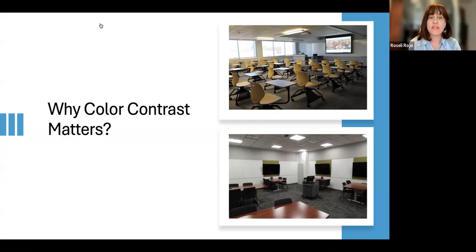So the simple use of differentiated colors may help them sustain attention and reduce those error rates. That's very important to keep in mind, because even though we cannot paint the walls, we can incorporate specific colors that may be better for them, for being able to concentrate and avoiding that blending between the screen and the wall.